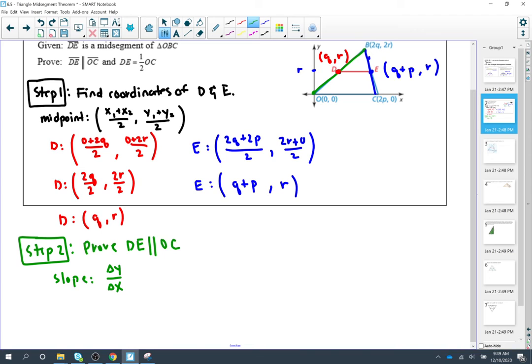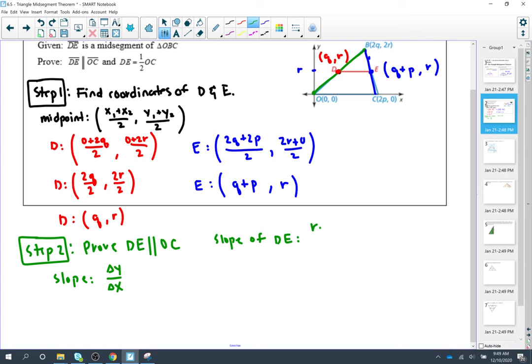So the first one I'm going to start with is the slope of DE. So I have to do the change in y over the change in x. I have my 2 points up here. Here's D, here's E, and I'm going to do the change in y. So I have an r and I have an r.